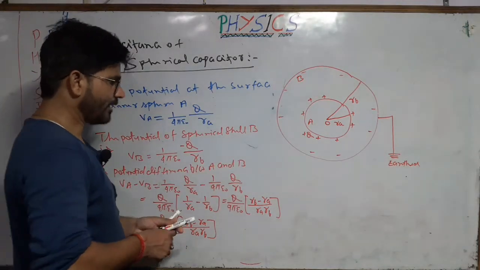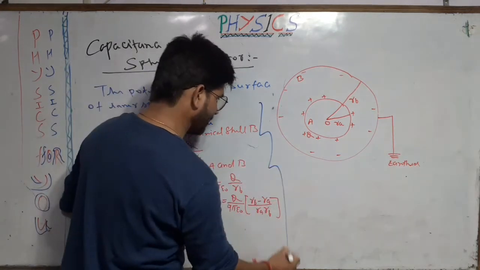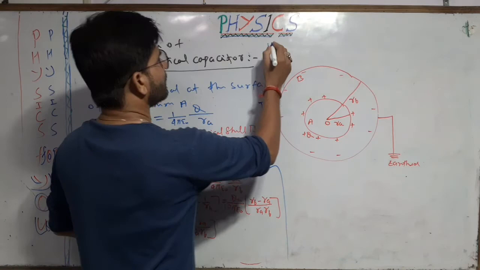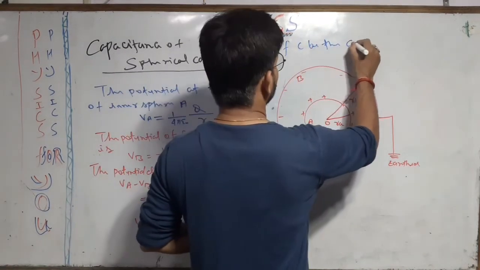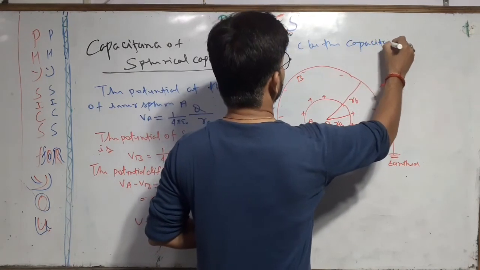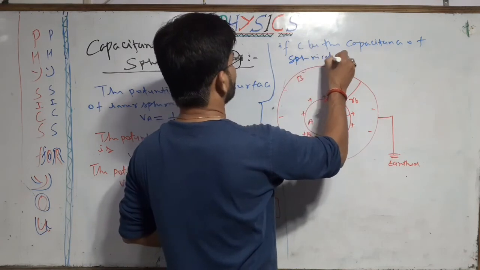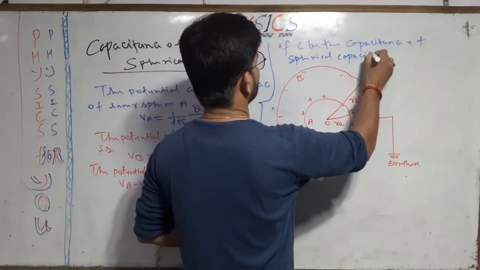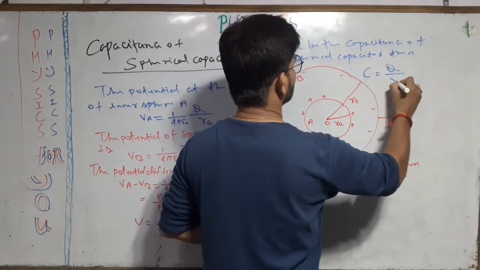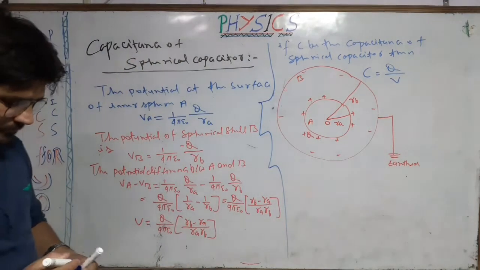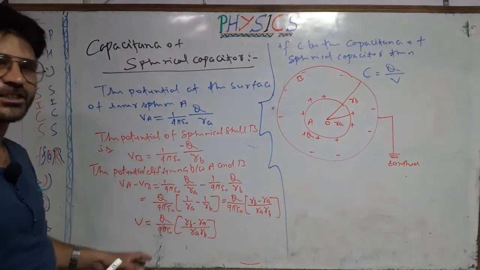Now if C be the capacitance of the spherical capacitor, then from the formula C equals Q upon V, we divide the given charge Q by the potential difference between the plates.